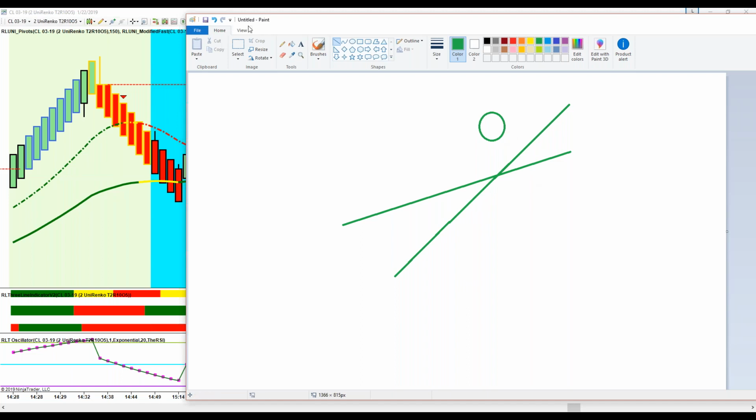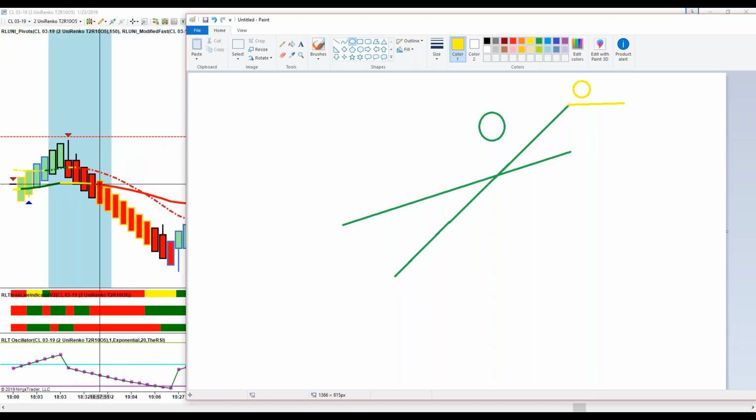But eventually, the trade is going to lose energy, lose momentum. The 15 is going to go flat, like that. Again, price has got to be above them both. And that's when you get your light blue.